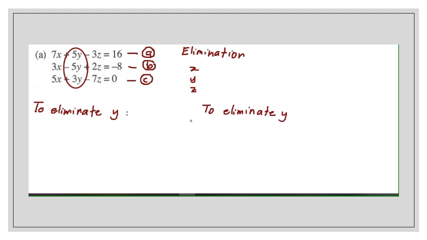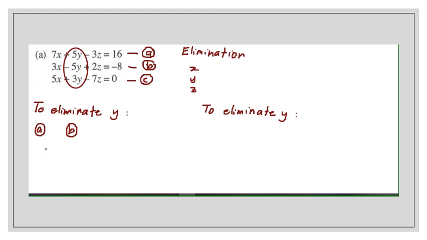To eliminate y, first one is from equation A and equation B, where we see equations A and B having the same coefficient number for variable y. In equation A, the coefficient of y is 5. In equation B, it is negative 5.